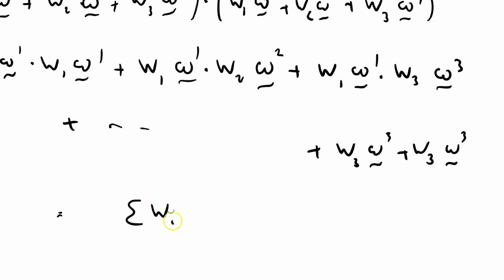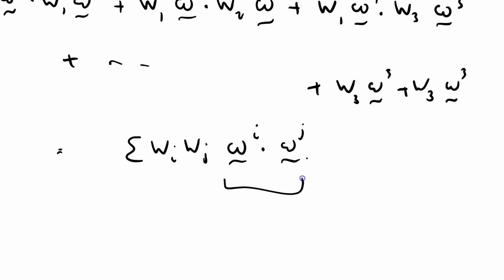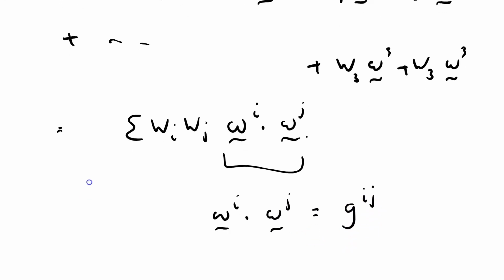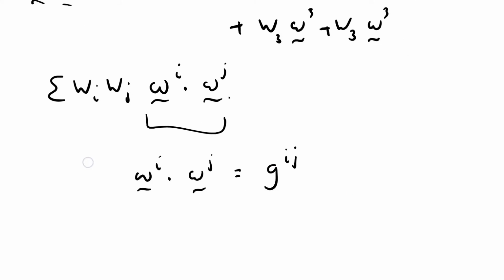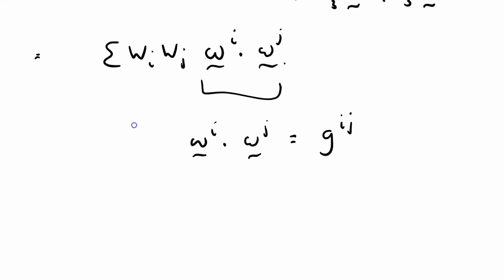sigma wi wj omega i dot omega j. And it should be pretty obvious that what we're going to do is take omega i dot omega j equal to a new thing called g^ij. And that's the metric tensor but with contravariant components.